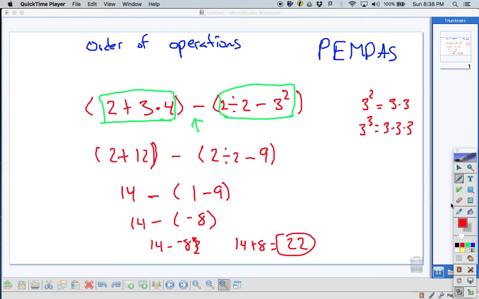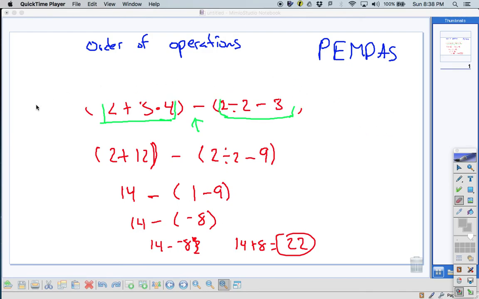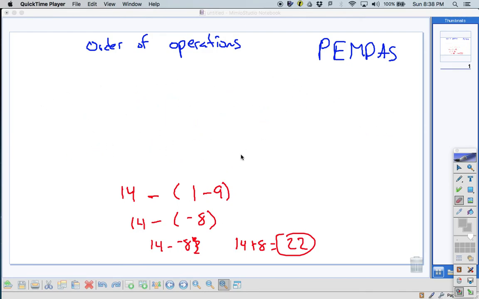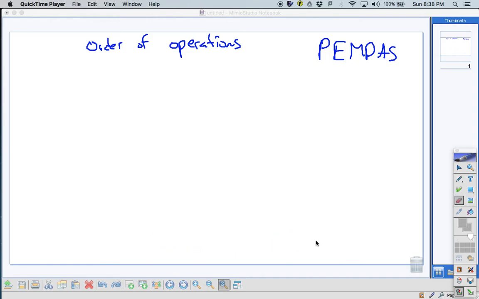So I'm going to go ahead and show you another problem, and that will be it for this review. So let's do one more problem together using the order of operations. I'm not going to use any parentheses this time, just to make it a little bit easier on myself.